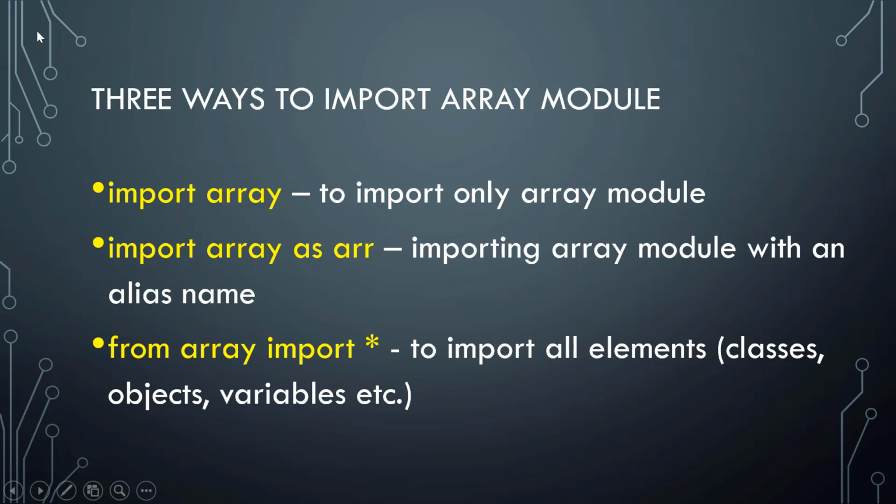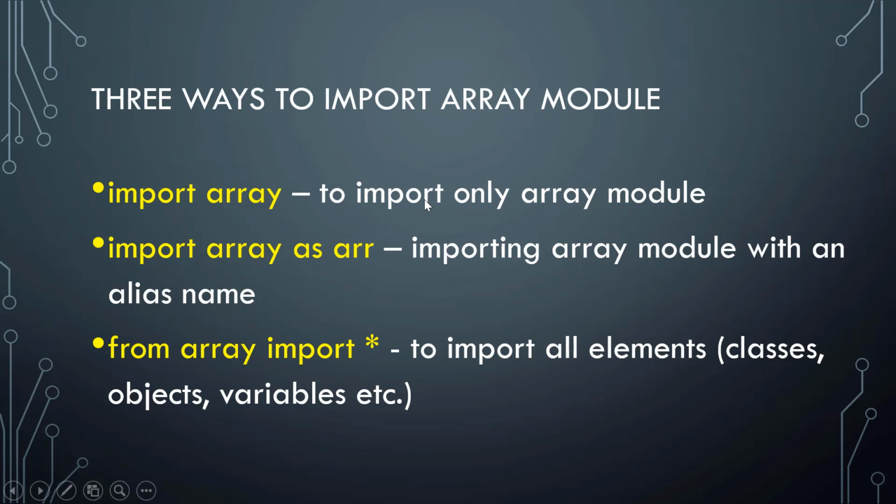Let's see how to create an array. If you want to create or declare an array variable in Python, we have to import the array module in our program. Then only are you able to work with arrays. There are three ways to import the array module. The first way is import array.